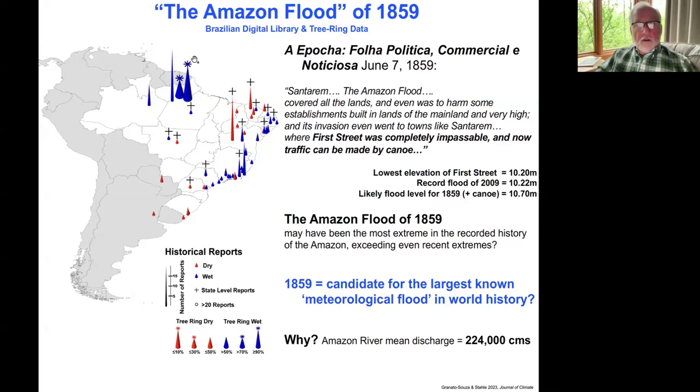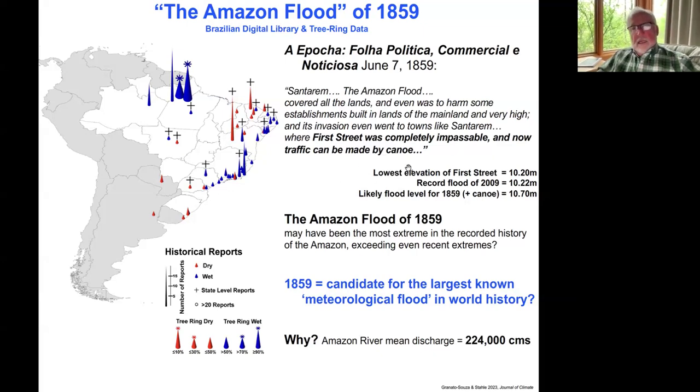And then these are tree ring estimates at two locations, and they indicate very wet conditions as well. So in this case, the tree rings and the historical reports are in agreement that there was indeed huge flooding going on in the Amazon River.